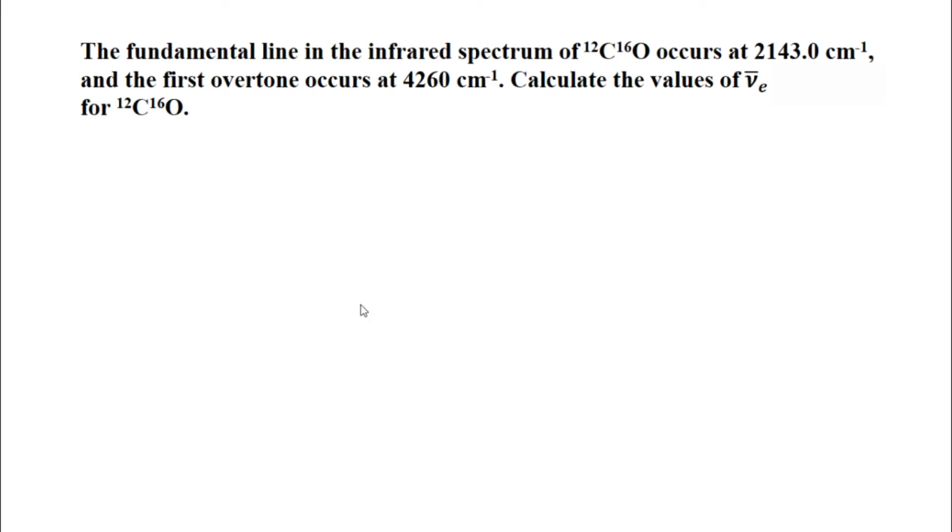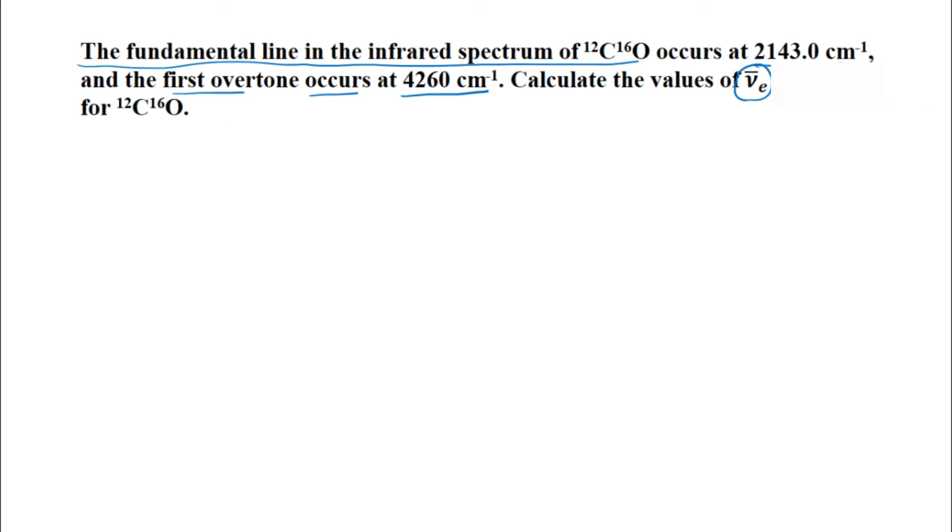So, the first question we have is, the fundamental line in the infrared spectrum of carbon monoxide occurs at 2143.0 wave numbers, and the first overtone occurs at 4260 wave numbers. So, we have to calculate the values of nu bar E and nu bar E chi E for carbon monoxide.